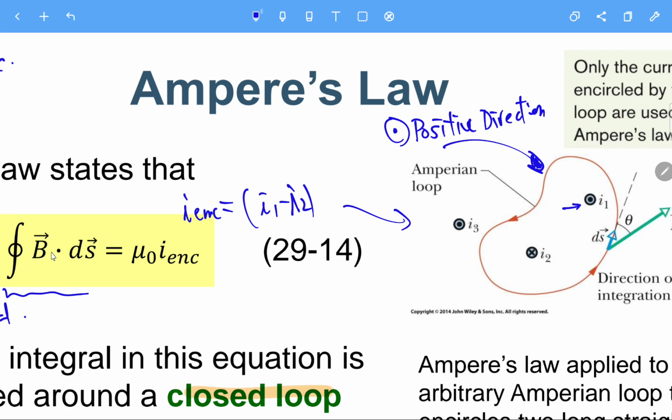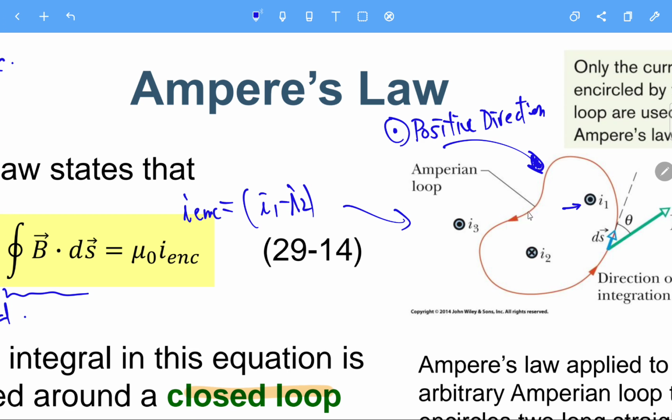Usually hand calculation is good enough to work on this integration. But at least you need to determine the I enclosed. Mu0 is a constant, so you don't need to consider that. You just leave it there. So I enclosed, you need to determine carefully.